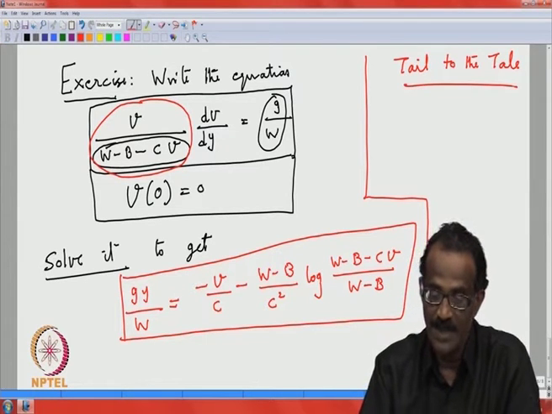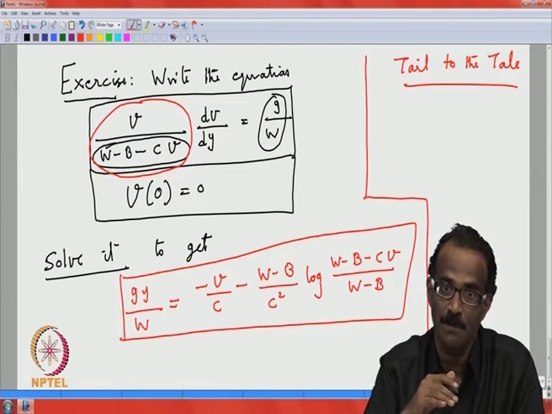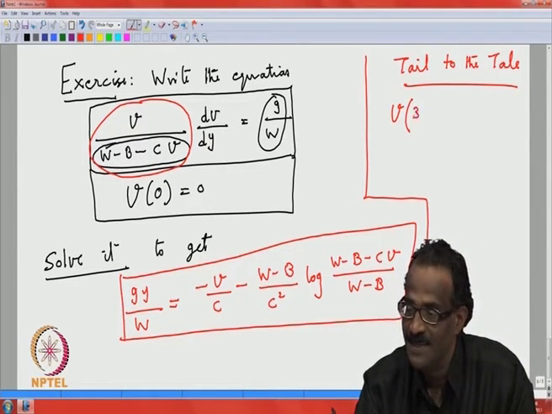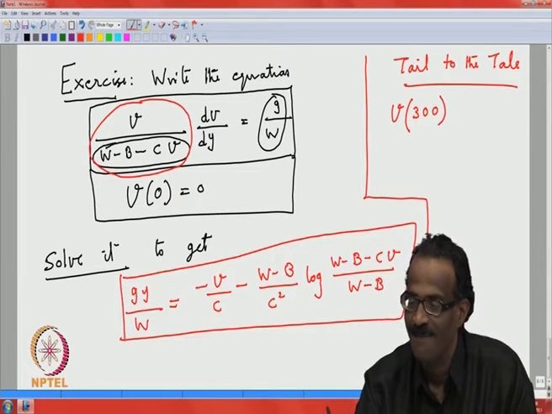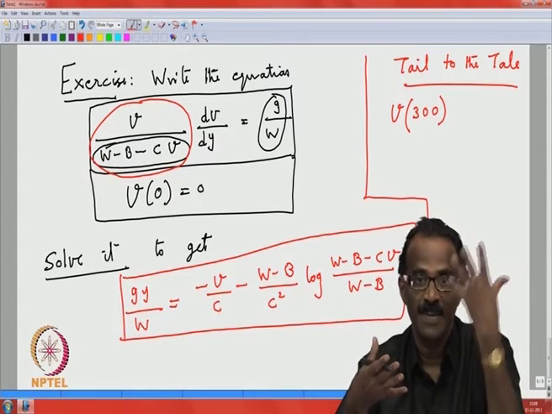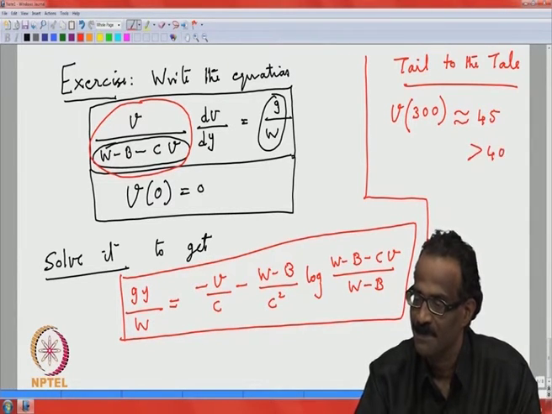Okay. What they have done is some numerical computation, and what is your aim? Do not forget the aim. The aim was to compute V, the velocity when it reaches a distance 300, right. That was the initial aim. You want to know what is the velocity when it reaches here, and they did some computation. It happened to be approximately 45, greater than 40.